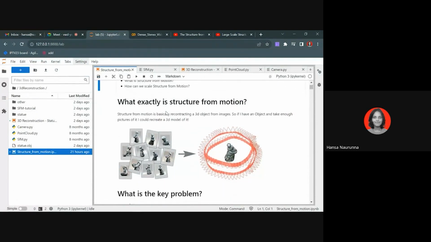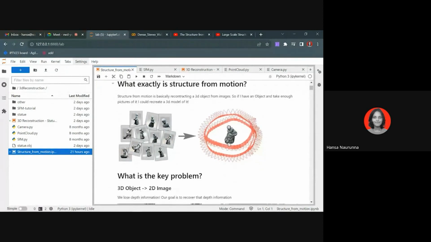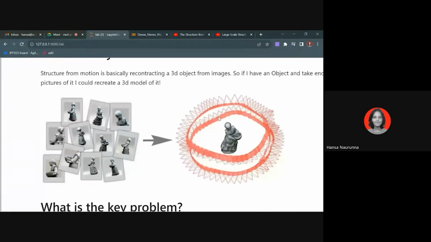Okay, so what exactly is structure from motion? It's the idea that we're trying to reconstruct 3D objects from a series of images. Over here, we have a statue of a child, a 3D object, and we have three images, and we're trying to go the other way, from 2D to 3D, and reconstruct the 3D structure again.